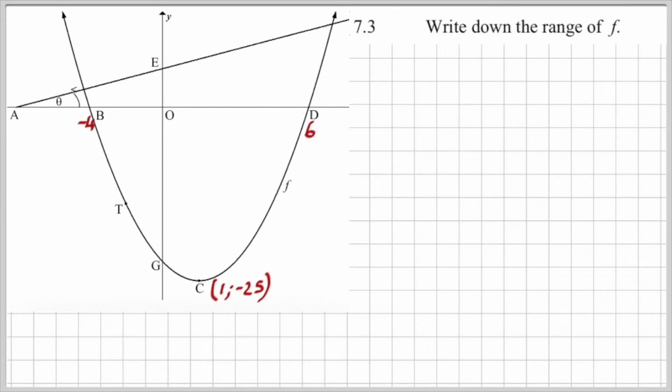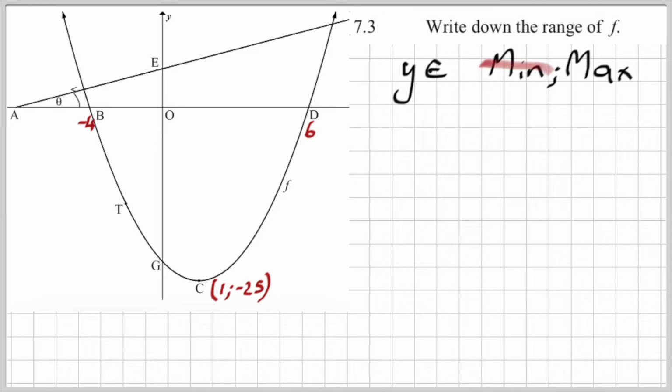At 7.3, oh my goodness, look at the question. Write down the range of f. Did they actually have to ask you 7.2? And the answer is no. They could just throw in the range. But how do I interpret range? For me, I always say, y is then from a minimum to a maximum, or from the lowest to the highest values.